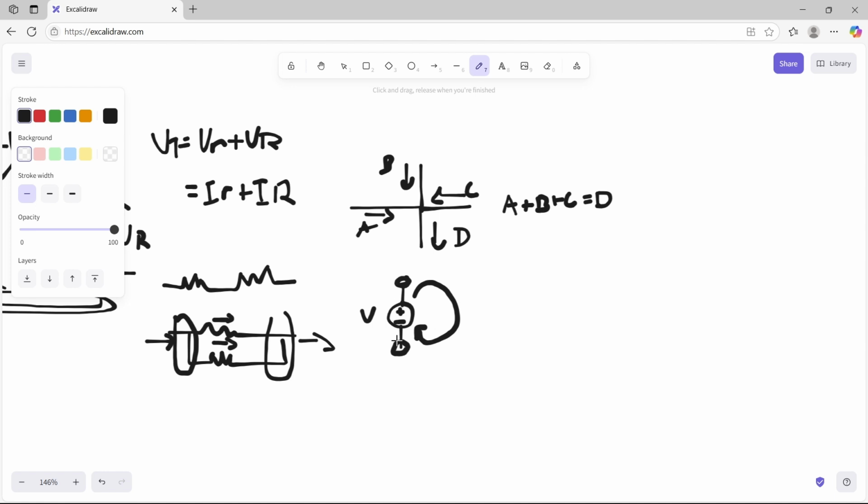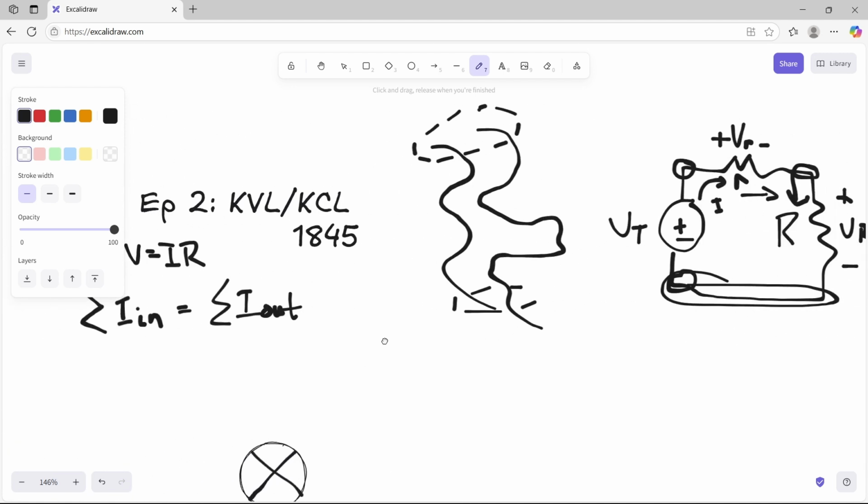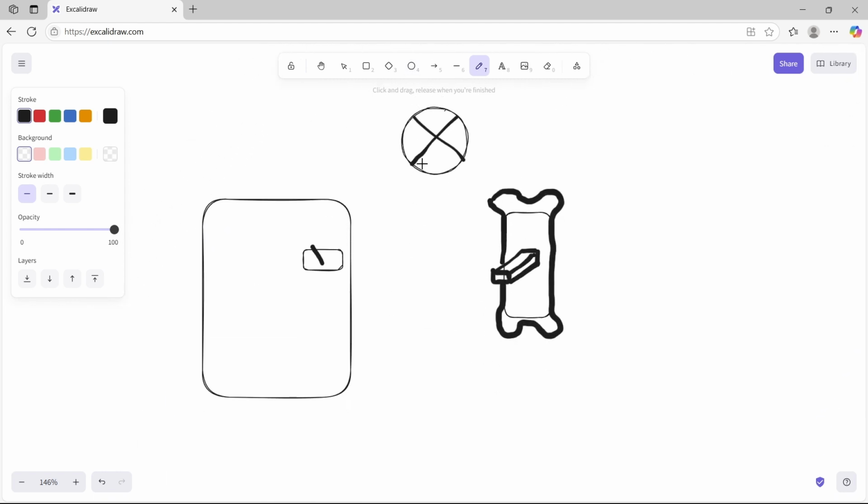So now that we've gotten Kirchhoff's laws out of the way, we haven't really done a great example of why we even care about analyzing these circuits. And I think a great example that everyone can relate to is actually a light in your home.